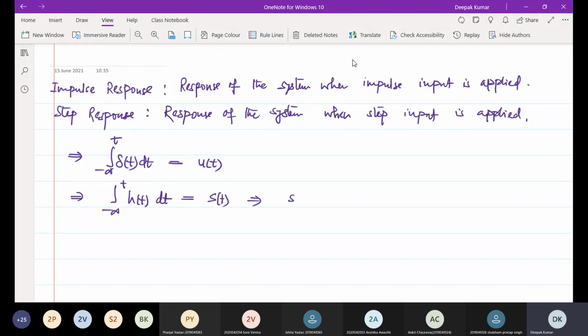This is called the step response, and this is the impulse and step relation.